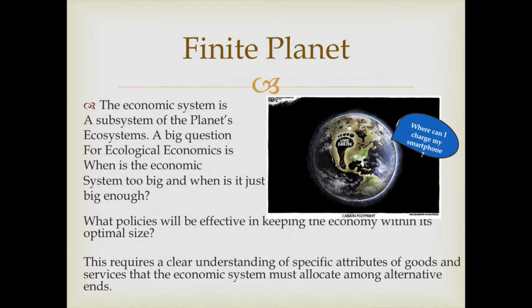We will deal with these types of goods and services in a different way. This chapter will help us gather a clear understanding of the specific attributes of goods and services that the market cannot allocate efficiently among alternative ends.